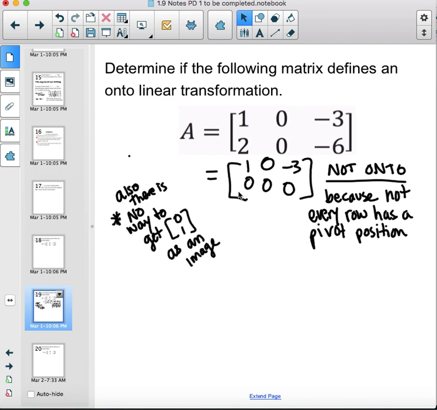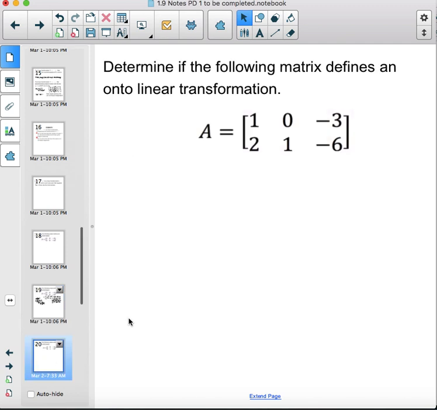No, because this 0, 0, 0 times X is going to give you 0. So if I have my augmented matrix and I put B1 and B2 right here, B2 can only be 0. So unless B2 is 0, B is not going to be a solution to AX equals B. But 0, 1 is in the codomain, just not in the range.